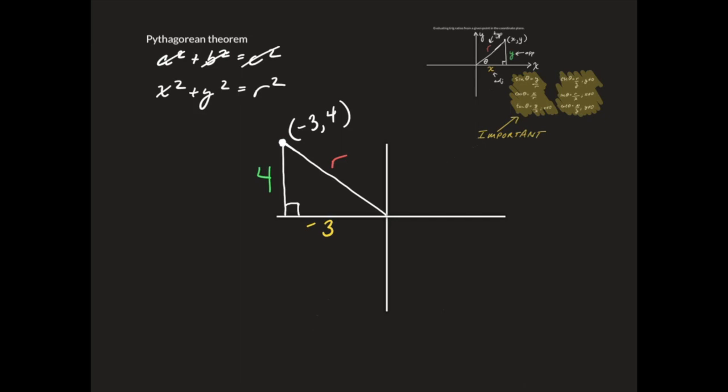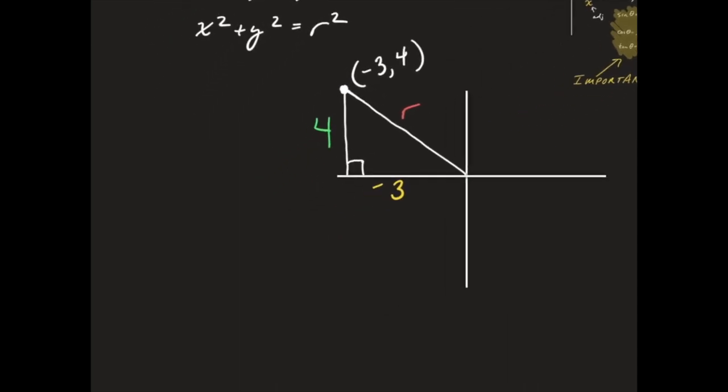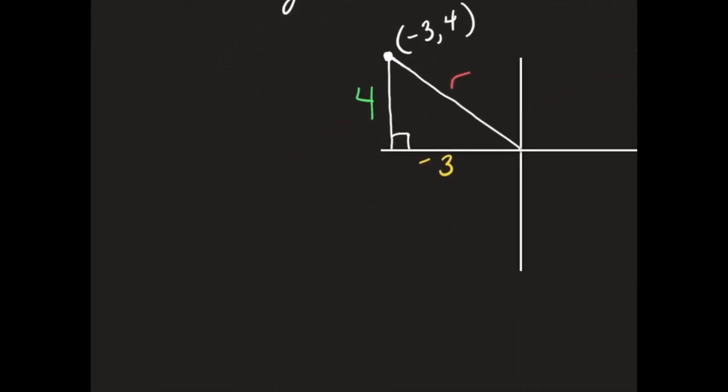So let's see how this relates to my diagram. I have x squared plus y squared equals r squared. My x value is -3, my y value is 4, and my r is what I am getting the value for.